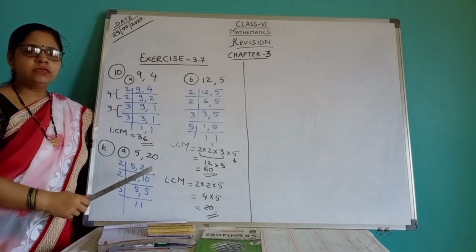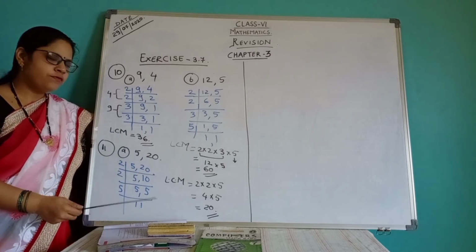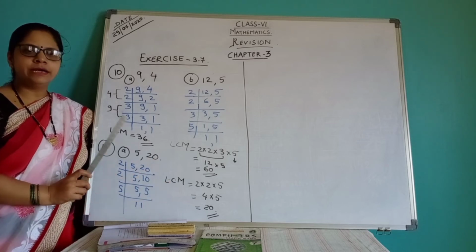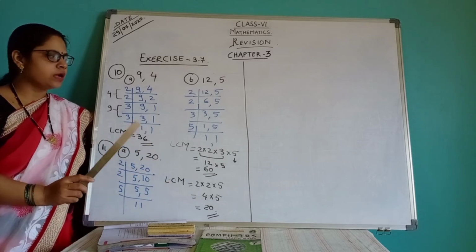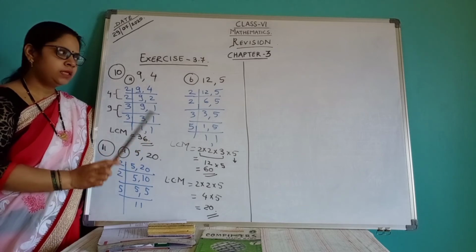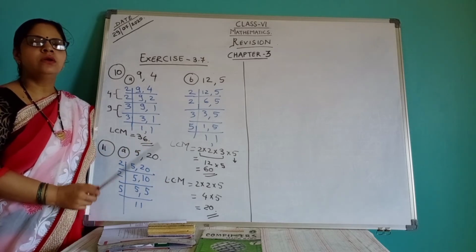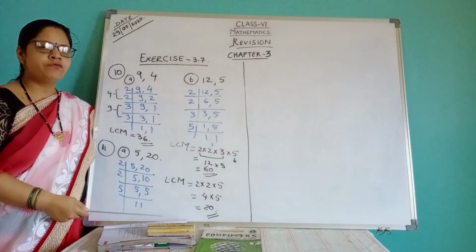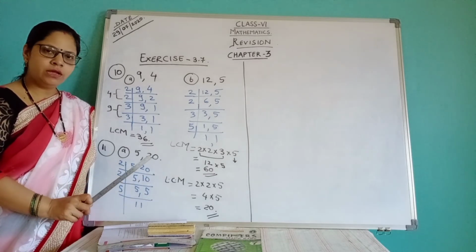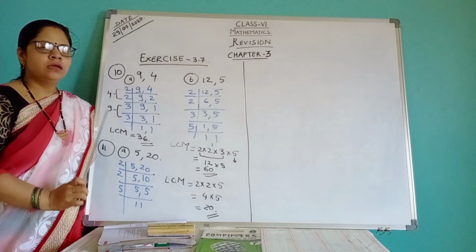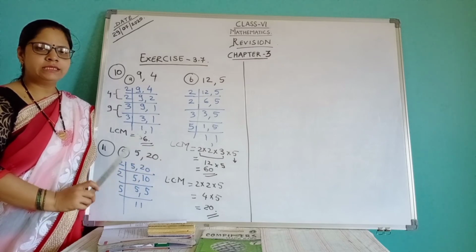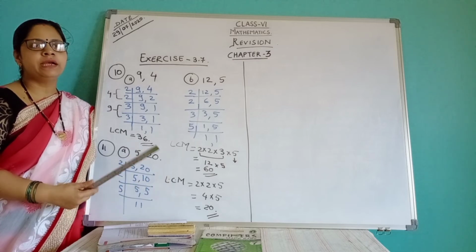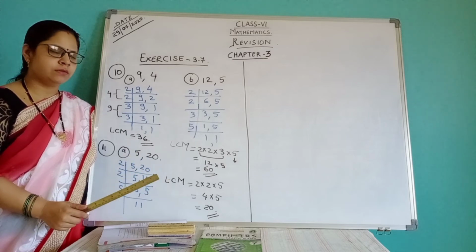If there are 3 numbers or 4 numbers and you are finding the LCM, then if they all come in the same number table, the greatest of them will be the answer, or else you find the LCM in the similar way you know how to. In the beginning I told you the HCF will be smaller than the numbers given and the LCM will be greater than the numbers given.